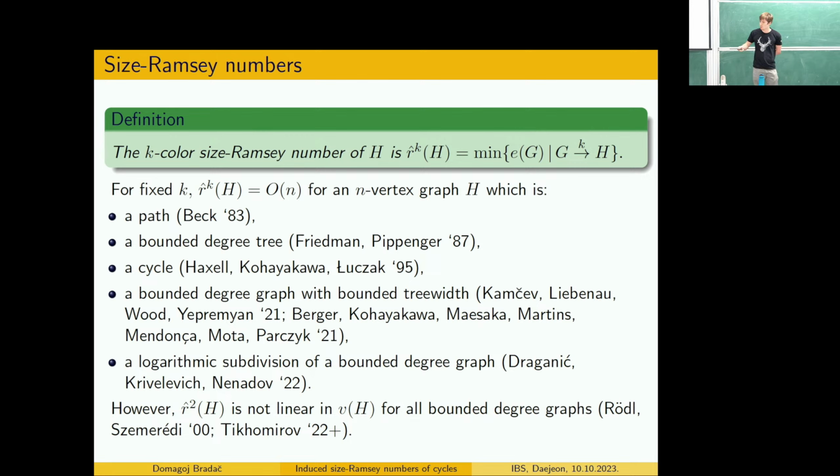Their bound was pushed a bit by Tikhomirov very recently, but there's still a very interesting conjecture that you should be able to obtain a polynomial lower bound. So for, let's say, cubic graphs, there is a cubic graph for which the size-Ramsey number is at least n to the 1 plus epsilon for some positive constant epsilon. This is still not known. I think it's a very nice open problem.